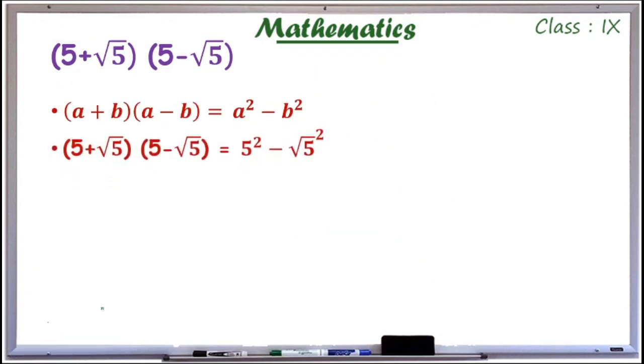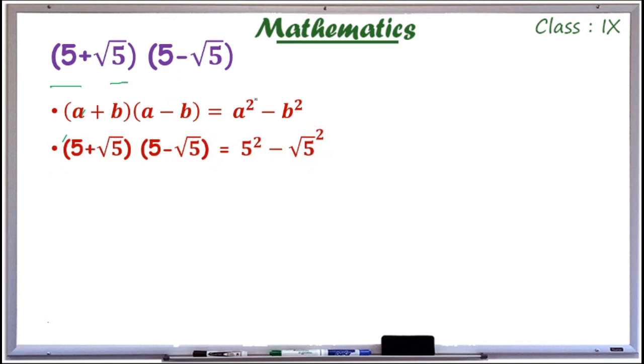So here we are using the identity a plus b into a minus b is equal to a square minus b square. And here a is equal to 5 and b is equal to root 5. Therefore 5 square minus root 5 square.